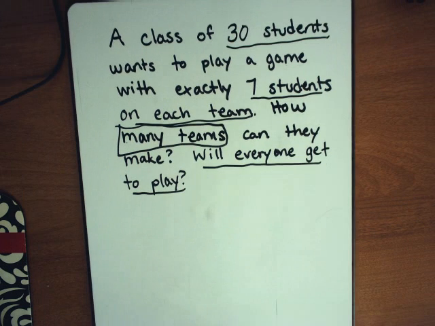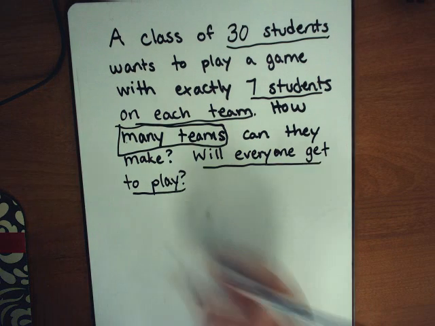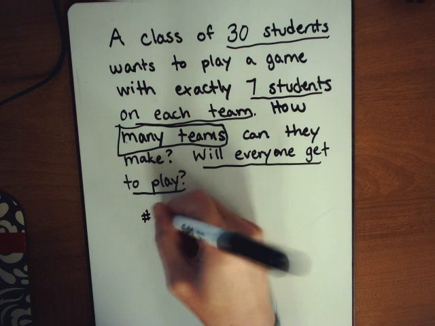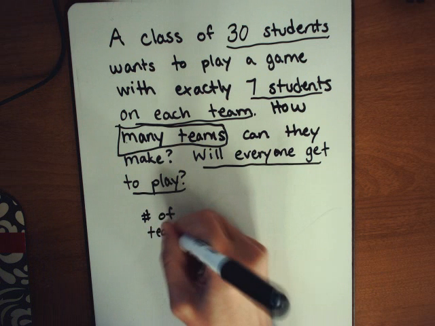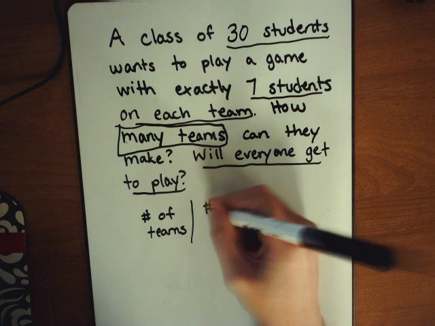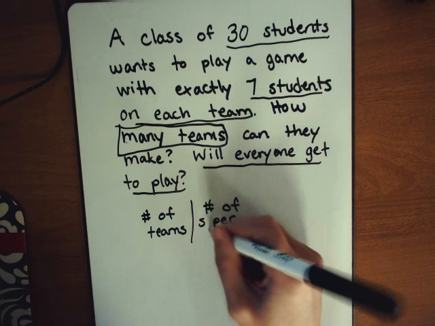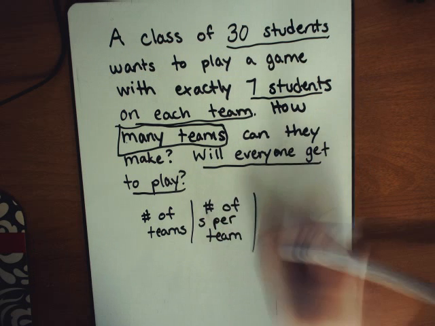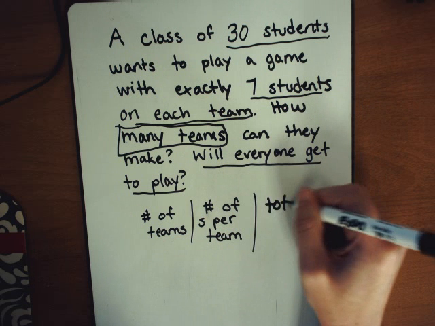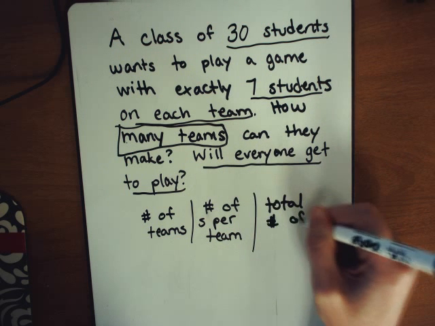Sometimes we might have a remainder, some leftover, which I think might be the case on this one. So we've got again the number of teams, the number of students per team, and we know our total number of students.